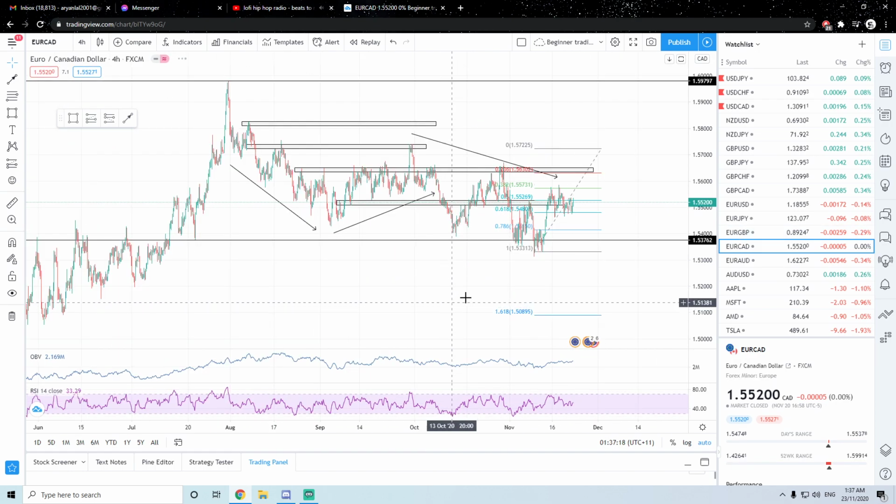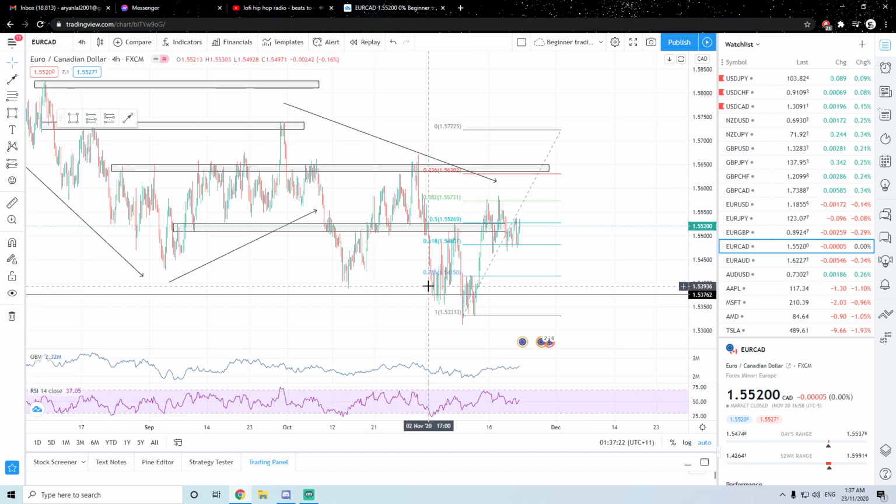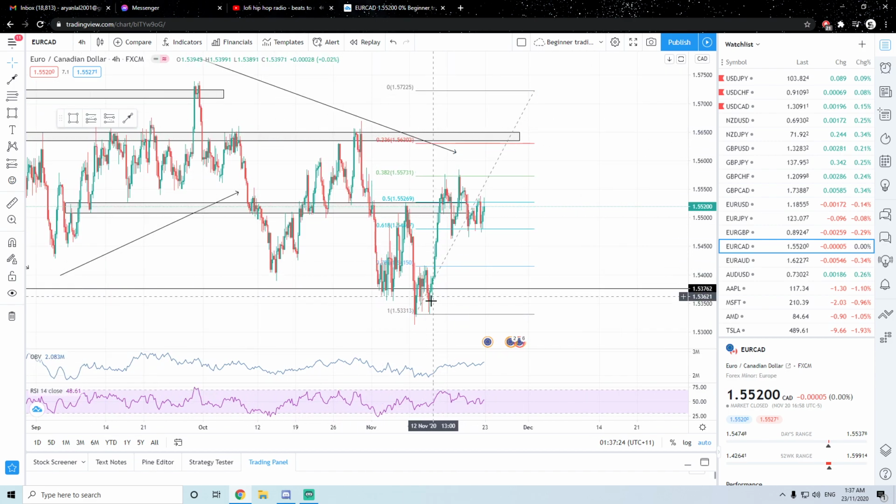So taking a look here at EuroCAD, this is just what I'm seeing. I used the fib from this low to this high, even though there is no high yet. I was just checking out what level this market structure would have to be at for me to enter on this key level.